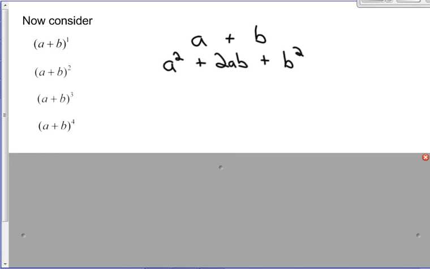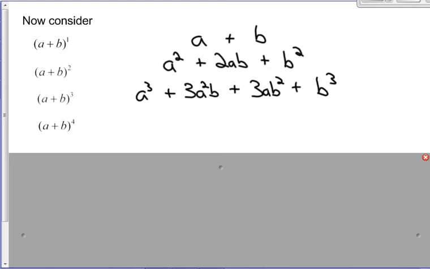If I had a plus b all cubed, that's a pain for us to figure out. We'd have to go a plus b times a plus b times a plus b. And I'm really hoping that you'll take my word for it that this is what we get. A cubed plus 3a squared b plus 3ab squared plus b cubed.